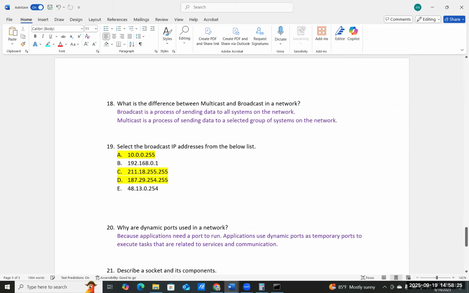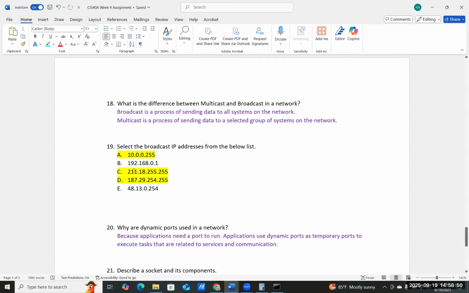Okay. So now we want to come back to the IP addresses that would be broadcasting, right? We saw this before. So based on this list, which one is the broadcast IP? Anything that ends with the 255 or at the end of the range. So you often see 255 at the end right here.